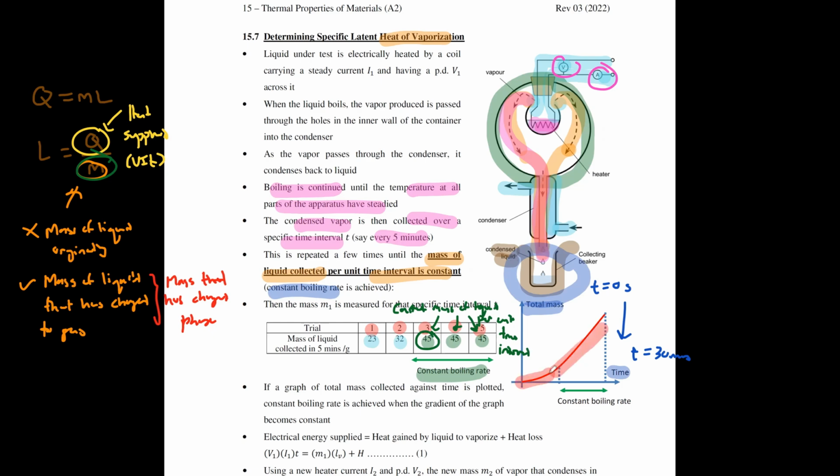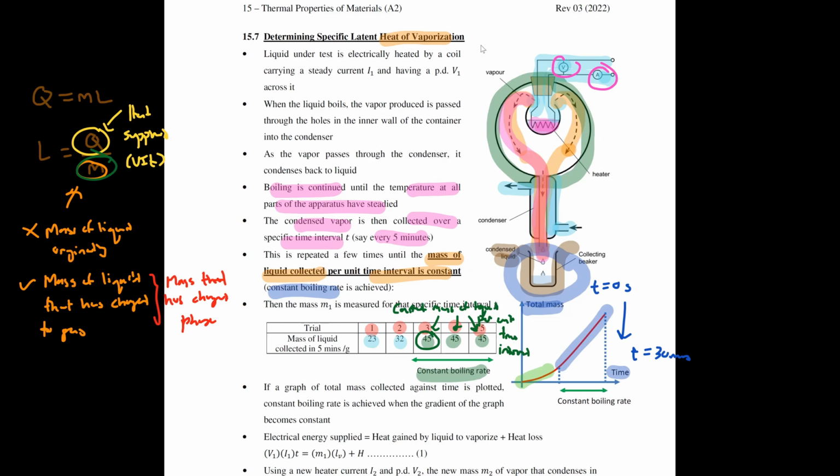Okay, so you can imagine that as more and more liquid condenses and drops into the beaker, the mass will increase, right? So you will notice that initially it is a curve, but after that it starts to become a straight line. Once it becomes a straight line like this is where again you reach constant boiling rate, because here is where you again have constant mass of liquid per unit time interval.